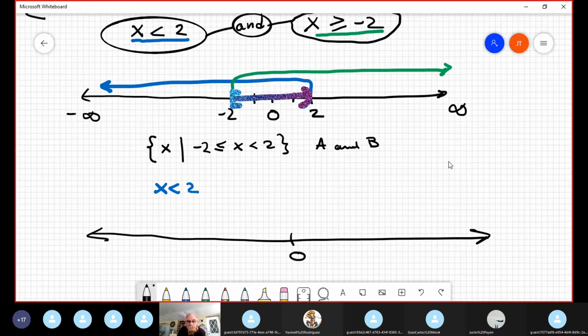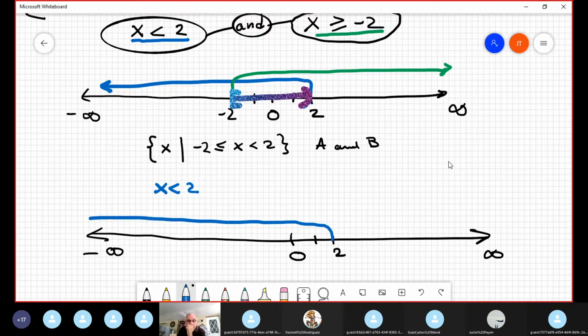This is 0, positive infinity, negative infinity, 2 is here, 1, 2. And this is the bunch of values that satisfy this condition. It's less than 2. Less than 2 is from 2 to the left. For example, 1 satisfies this statement very well because 1 is less than 2. 0 satisfies it very well.